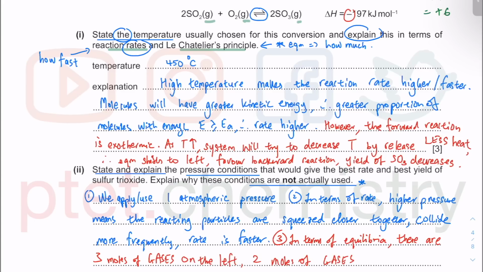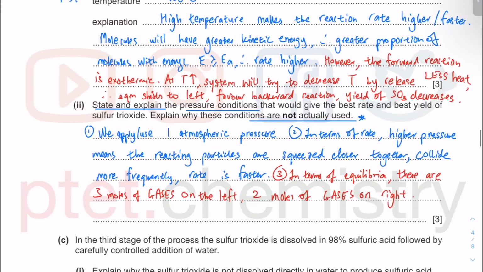So you think about it: the greater the number of moles of gases, the greater the pressure exerted. So when pressure increases, the first thing the system will try to do is oppose the change. The system tries to decrease pressure. And how do you decrease pressure?